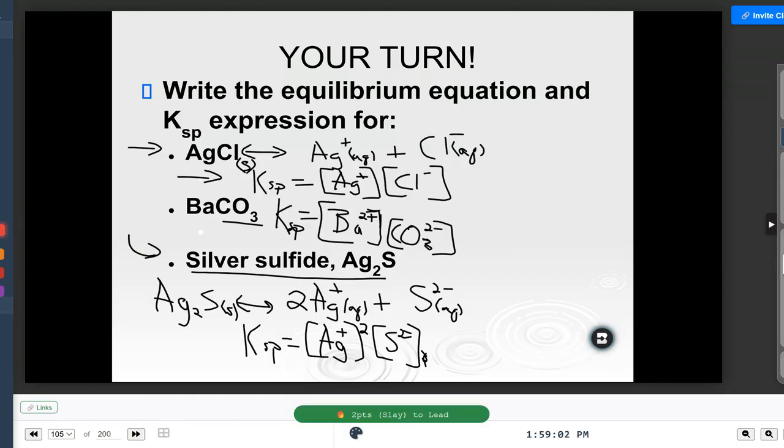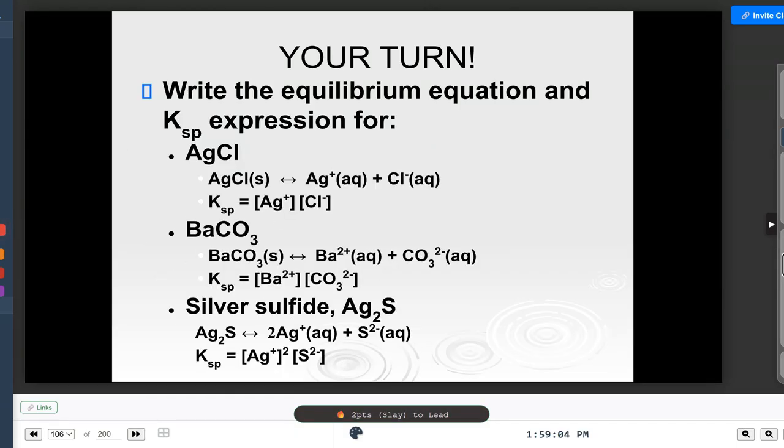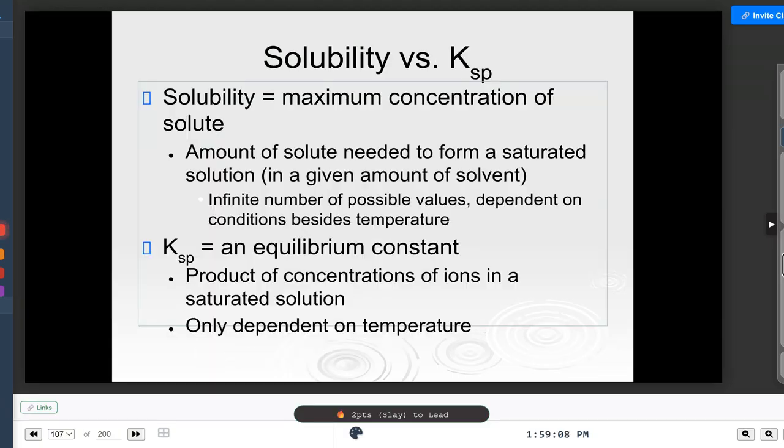Now, questions on that? Okay, so if we are going to distinguish between solubility and KSP, a couple things we want to remember: that there's a lot of possible values for solubility, right?